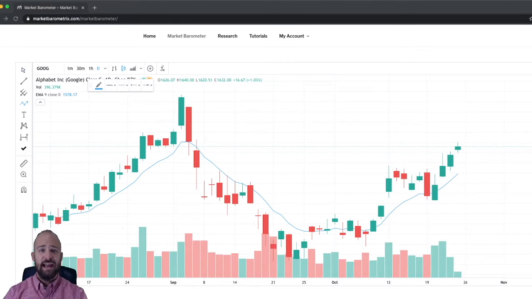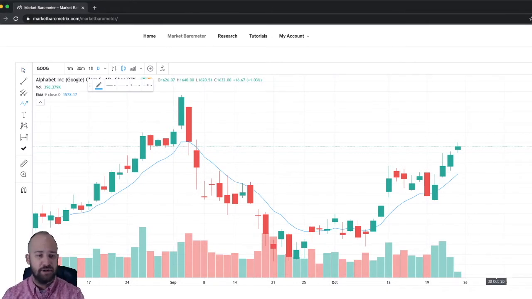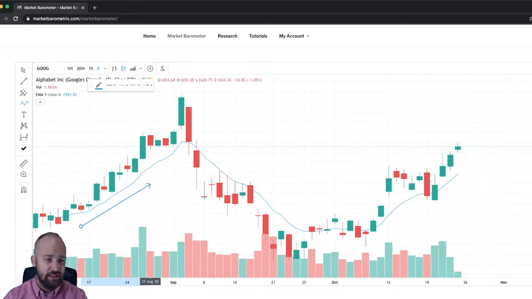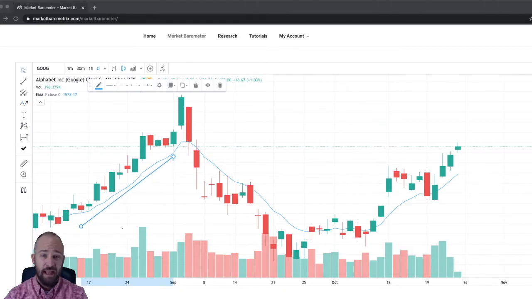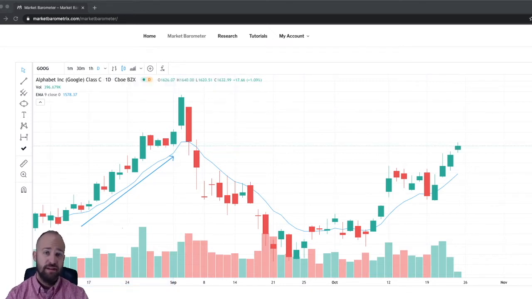So again, moving averages are a great indicator of the overall prevailing trend. You can see right here in late August, price was above the 9-day EMA and was pretty clearly in an uptrend, right? And with price above the 9-day exponential moving average, it's confirming that the short-term trend is up. I mentioned earlier that moving averages can indicate to us buy and sell signals.